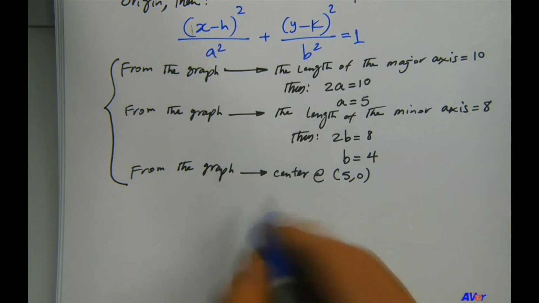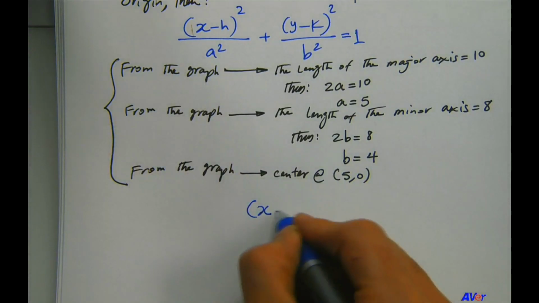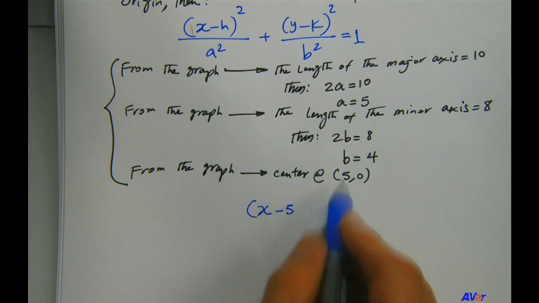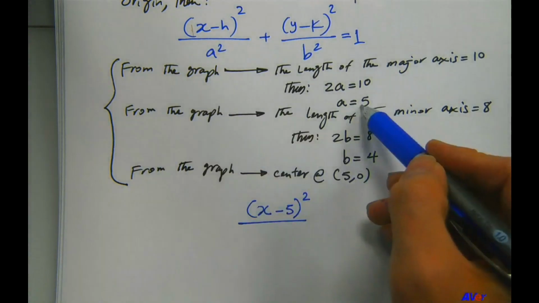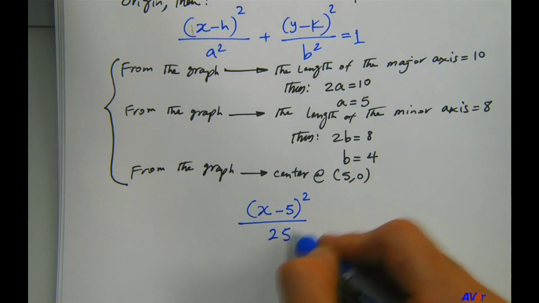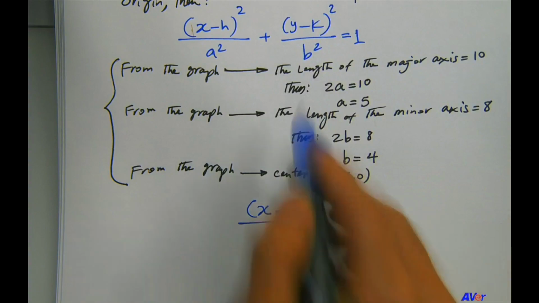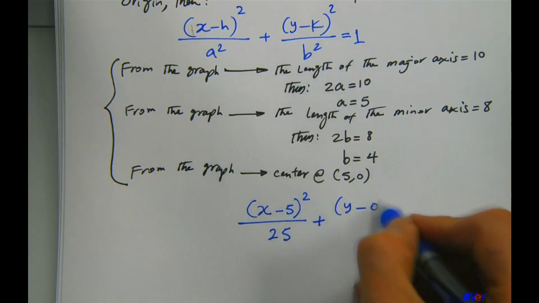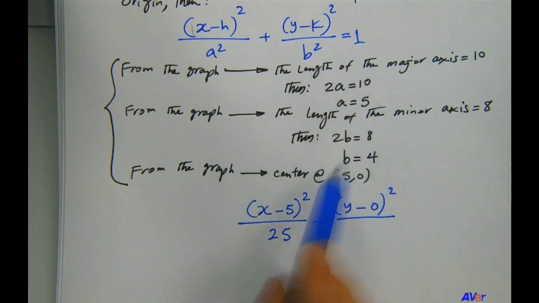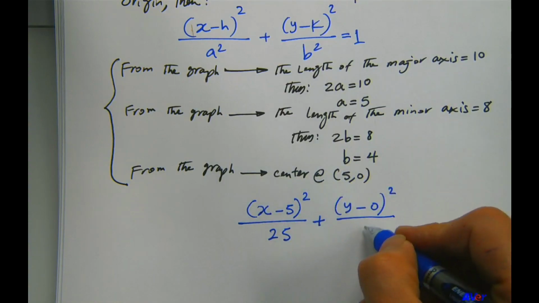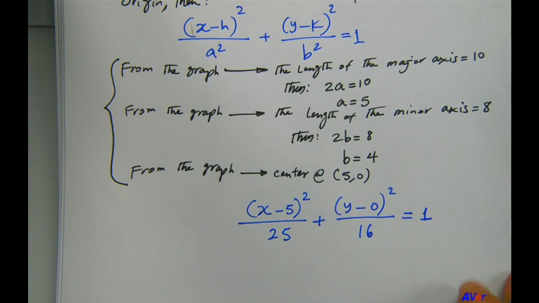So we have x minus h, h is 5, squared over a squared. a is 5, so a squared is 25, plus y minus k, k is 0, squared over b squared. b is 4, so b squared is 16, equals 1.